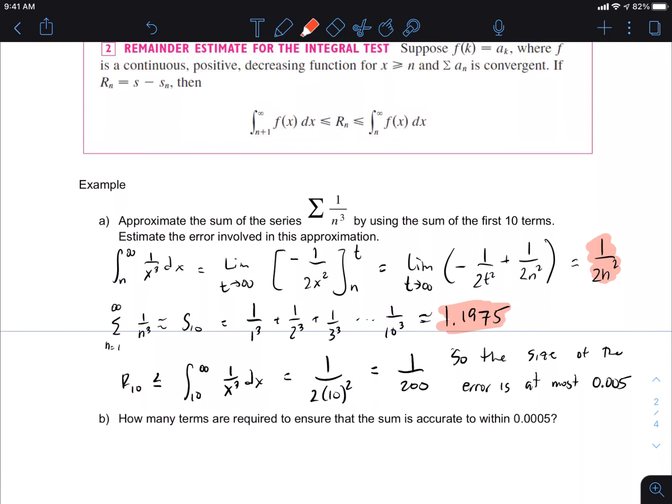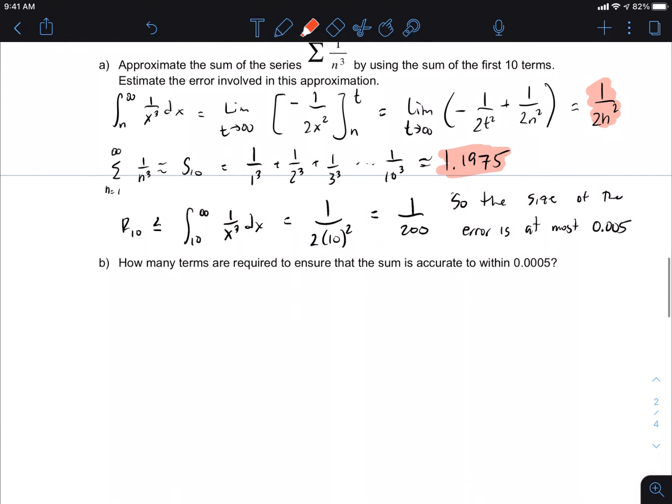Now, for part B, it says how many terms are required for us to add up to get an accuracy of 5 10,000ths, right? Tens, hundreds, thousands, 10,000ths, yeah. So here's how we do that. We're going to want our remainder to be less than 0.0005.